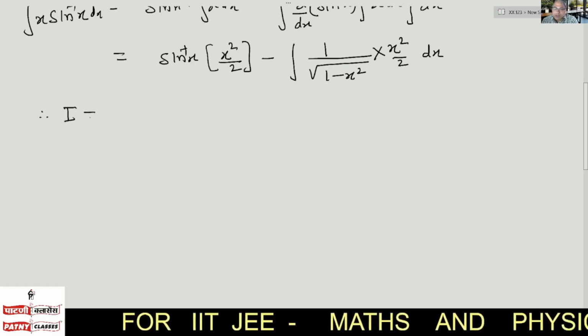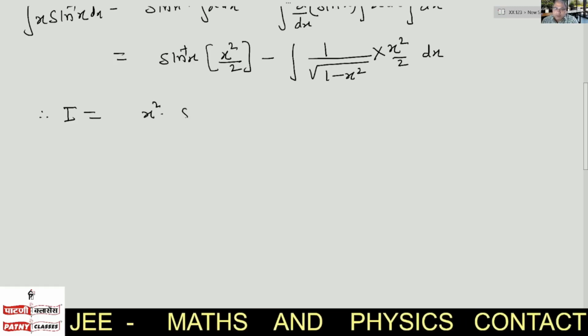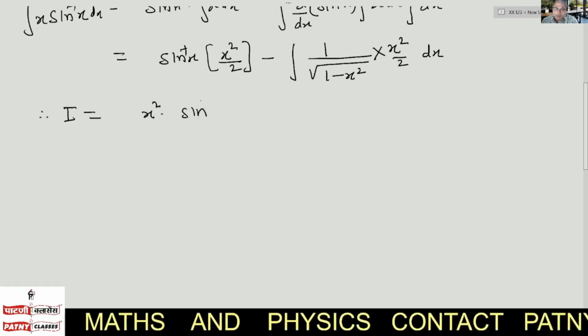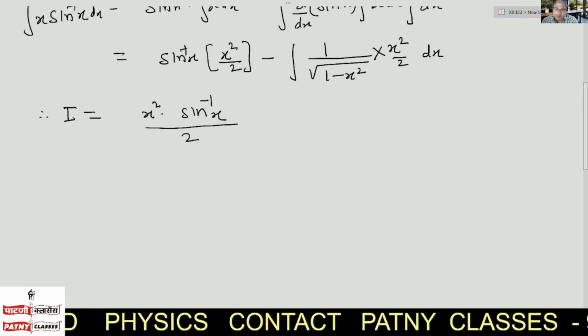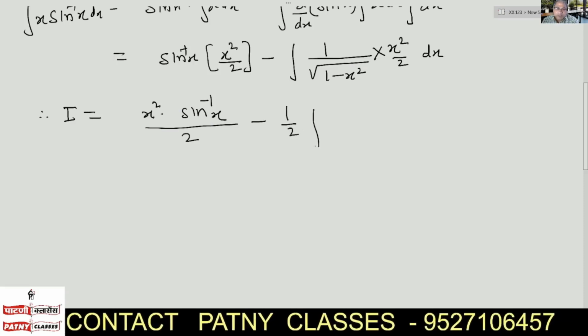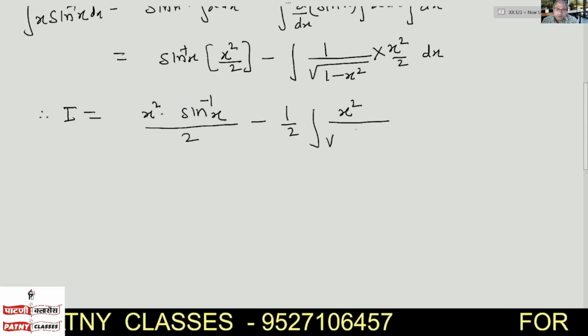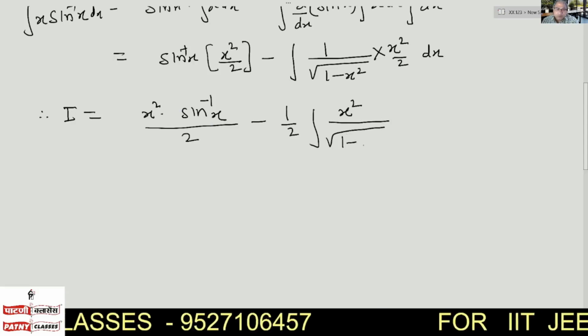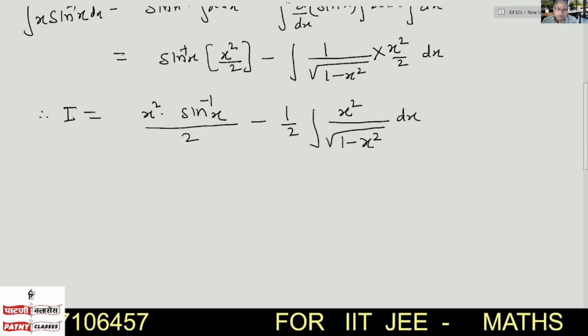Therefore I equals x square into sin inverse x upon 2 minus 1 by 2, taken outside, integration x square upon under root of 1 minus x square with respect to x.